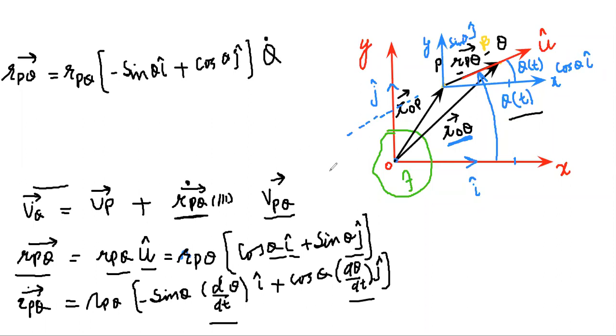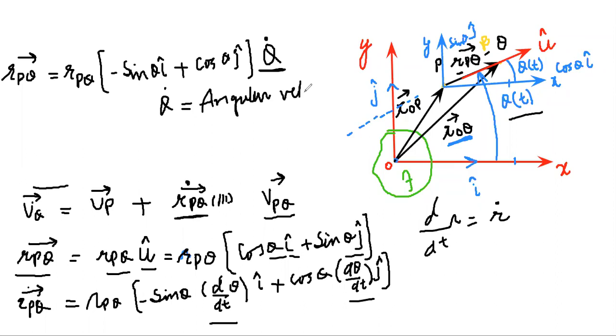We are writing it like we write d by dt of r as r dot, we put a dot simply over it for simplification. Similarly, d theta by dt is written as theta dot. Now, what is this theta dot? Theta dot is the rate of change of angle of this vector rpq, and this is called the angular velocity of vector rpq.